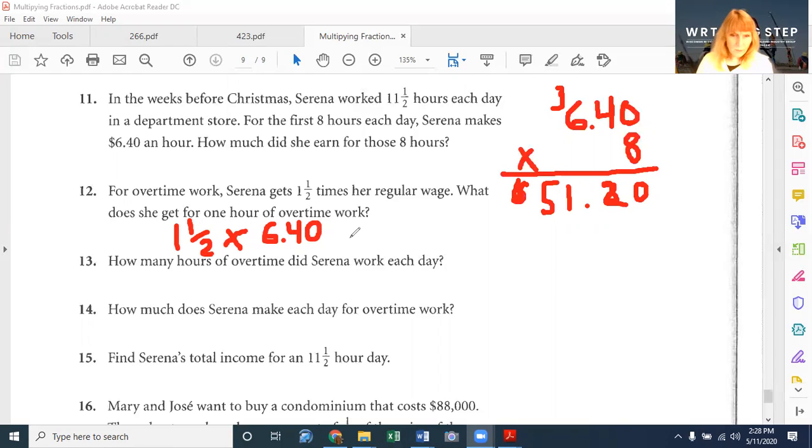So a couple ways of doing this. We're going to use fractions because this is what our packet's on. We change the first fraction to an improper fraction. Whole number times the bottom. 1 times 2 is 2 plus the top is 3. So we get 3 halves for our improper fraction. And we're going to times that by $6.40, and we're going to put that over 1.